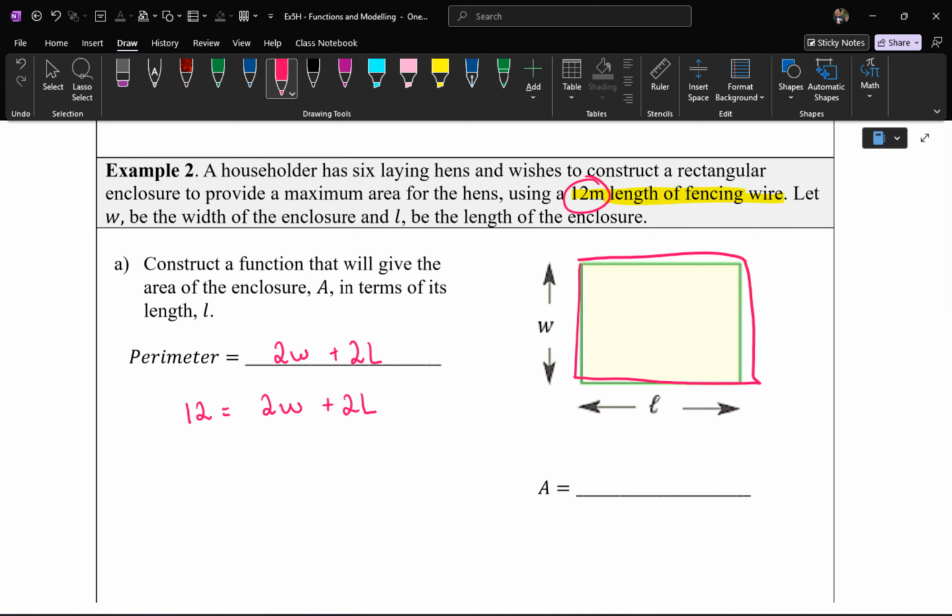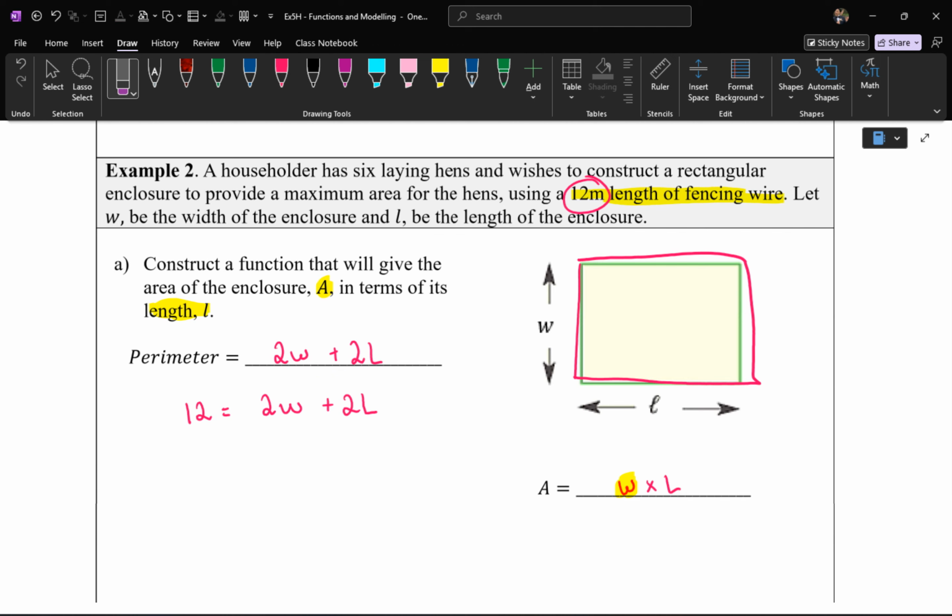Now remember, to find the area of this shape, it's width times length, or length times width. What's the problem? We wanted A in terms of L. So the problem is this W. I need to rearrange to get W in terms of L. I don't want a W there. That's why you needed the perimeter.